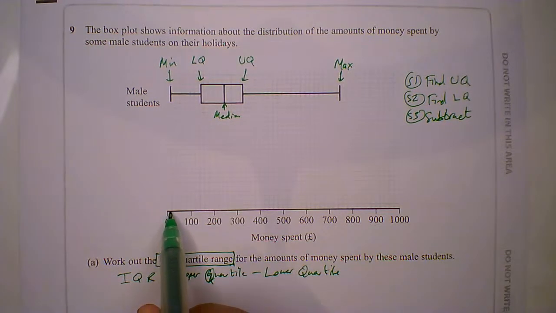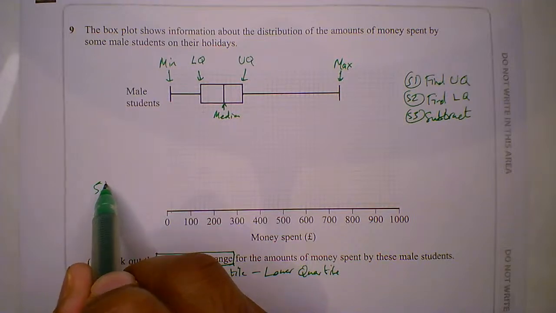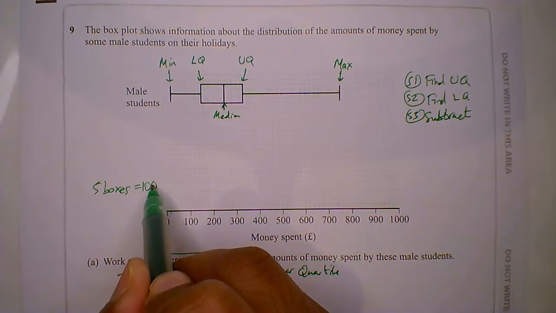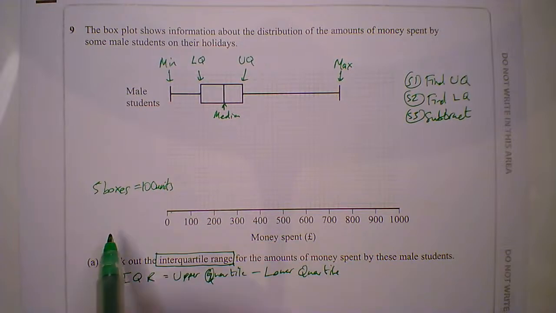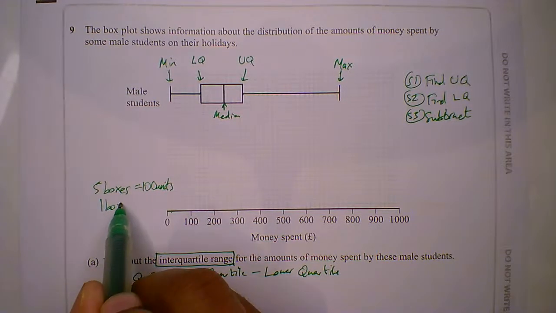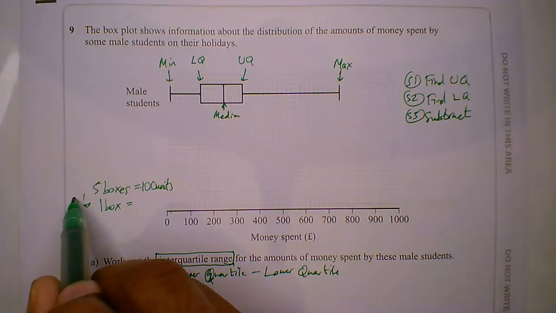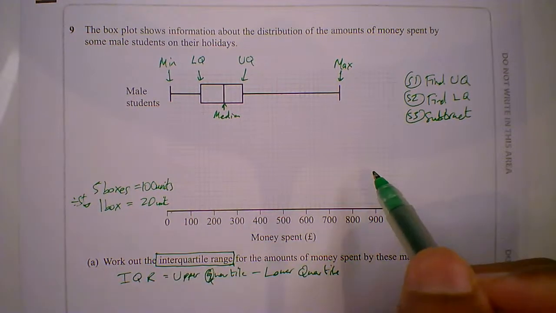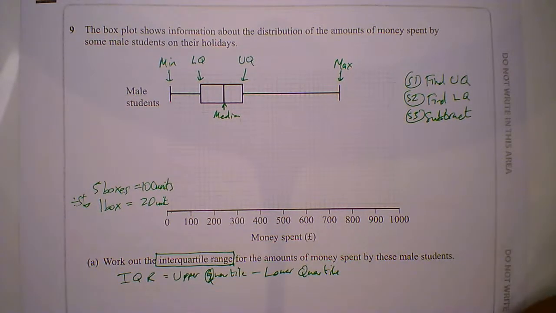Here I've got 1, 2, 3, 5 boxes equals 100 units. So what does one box equal to? Divide by 5, which gives me 20 units. So that's the first thing I need to do.